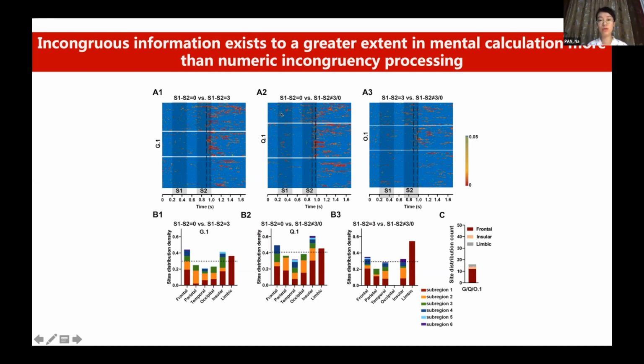We also compared S1 the same as S2 or different from S2 in the calculating situation. Also, the core regions mentioned above are indicated here, and the incongruent information exists in a greater extent, like the frontal region, also in the calculating incongruent processing. Besides, we showed the insular and limbic regions.